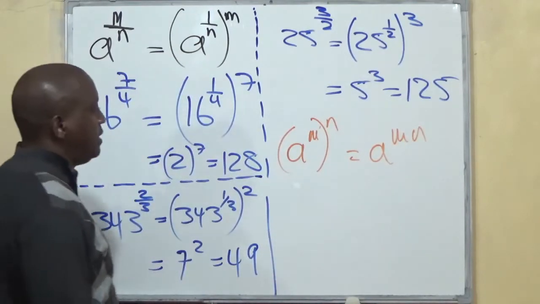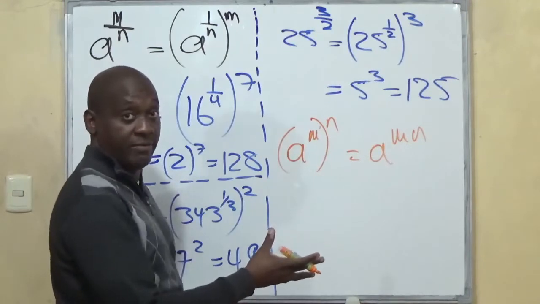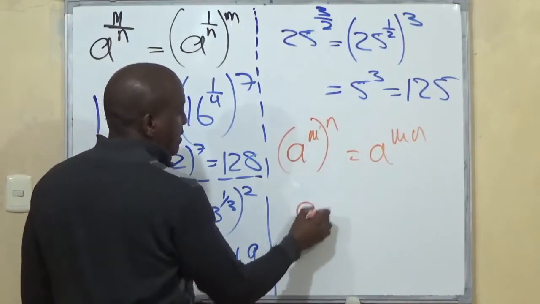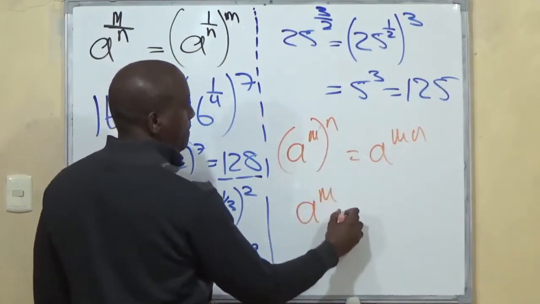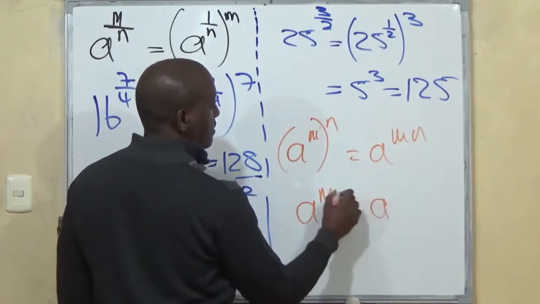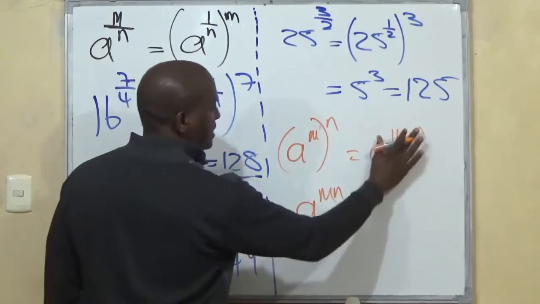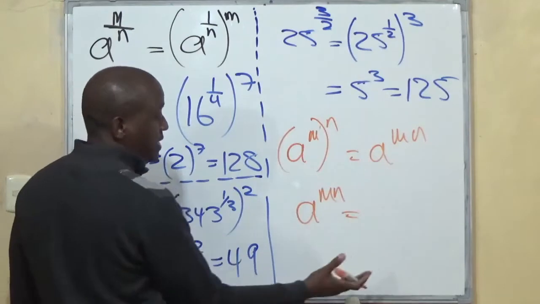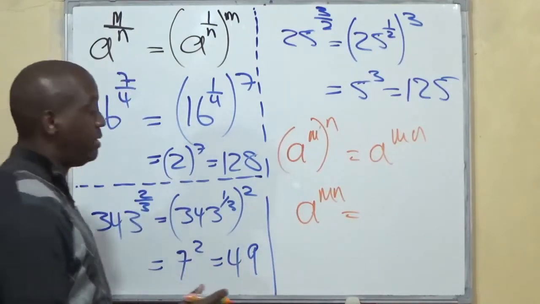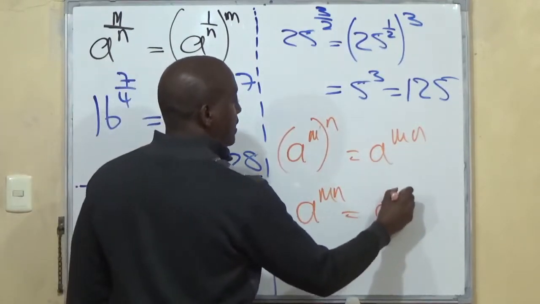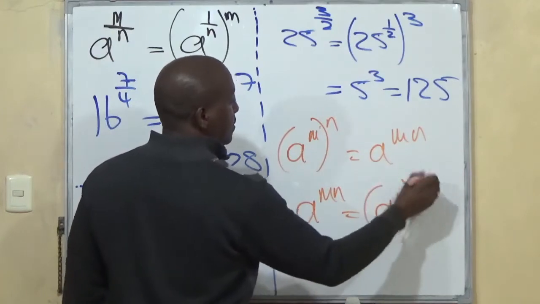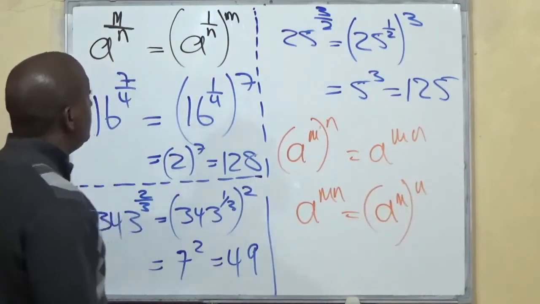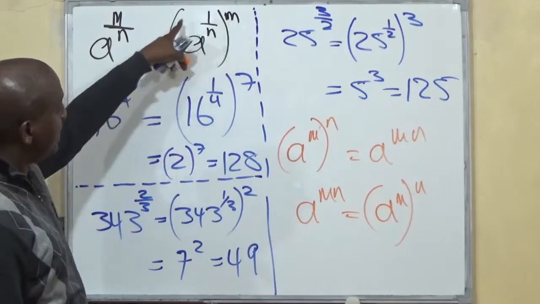Basically, all we're doing is going in reverse now, and we are saying that a to the power of mn is equal to a to the m in brackets all to the power of n, which is exactly what we have here.